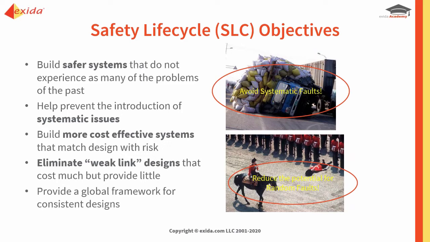In either case, we're looking at providing a consistent and global framework that we can use to make sure we have repeatable designs that are not overly engineered, or worst case, under-engineered, so they're much, much worse and potentially more dangerous. The over-engineering would be more expensive, of course. So we want to balance it. If we do it right, it actually saves us money and ensures that we have a consistent methodology.